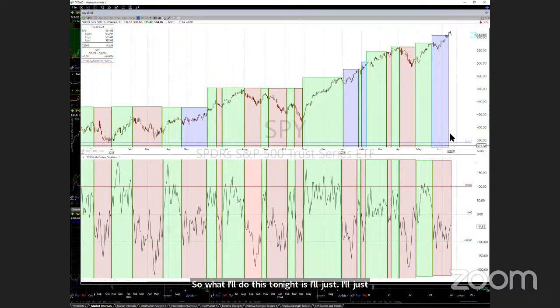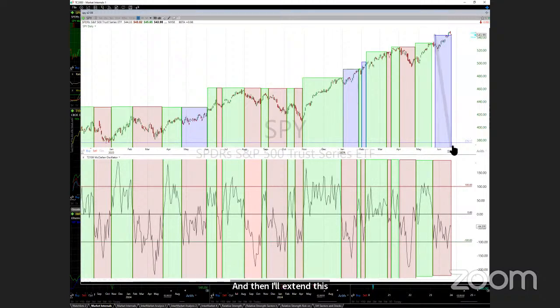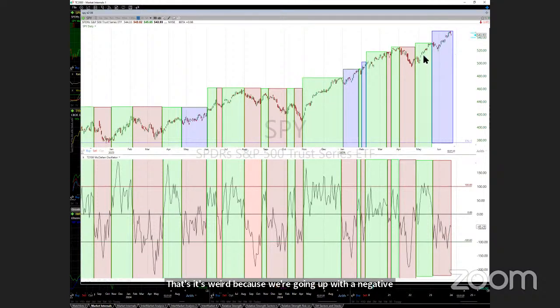and then I'll extend this to show that this is weird. So that's why it's weird, because we're going up with a negative breadth.